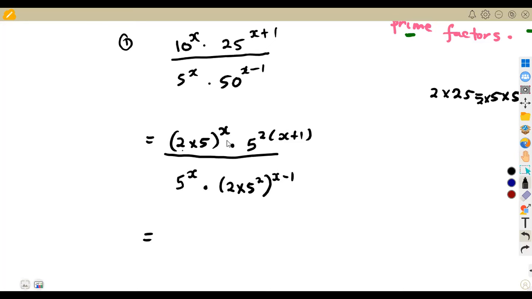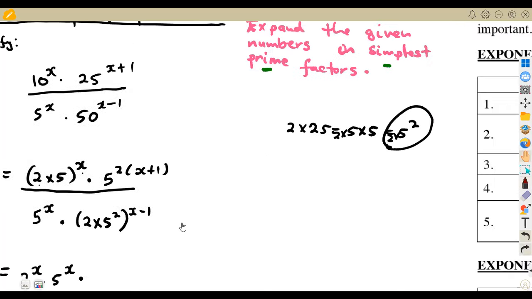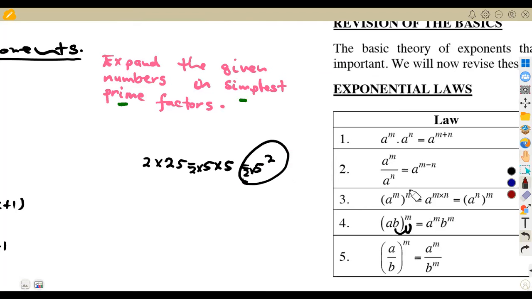So that will be 2 to the exponent of x, and 5 also raised to the exponent of x. Then on this part, we have an exponent of an exponent. So what is the concept? We multiply the exponents together. That is a to the exponent of m to the exponent of n.